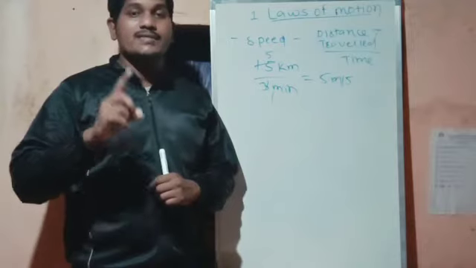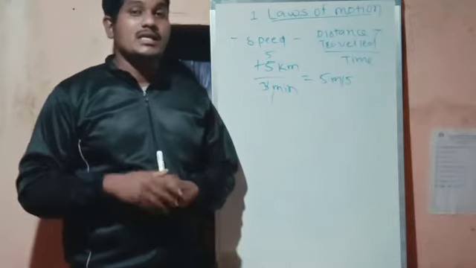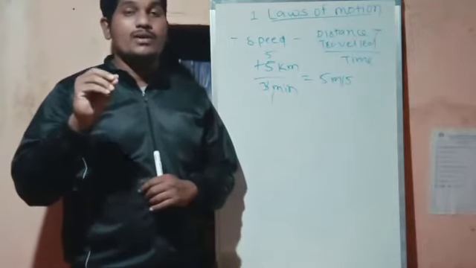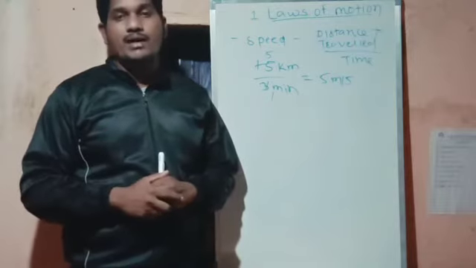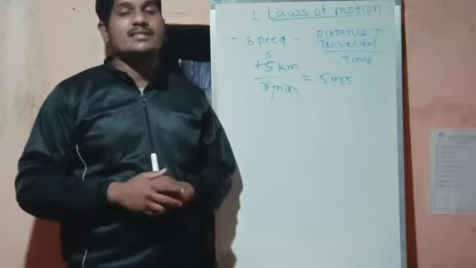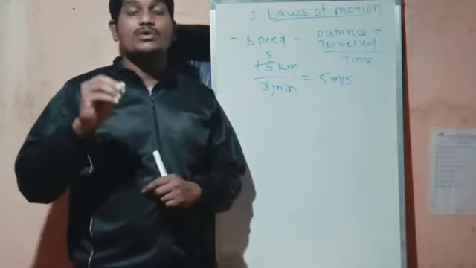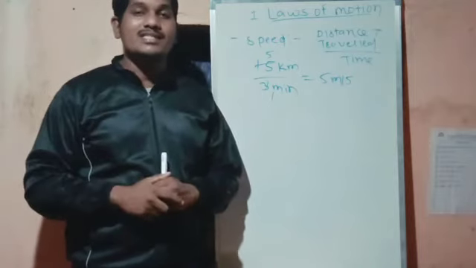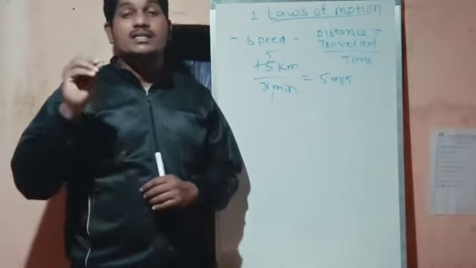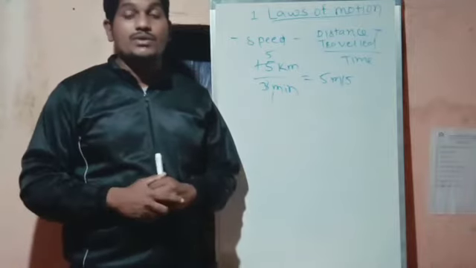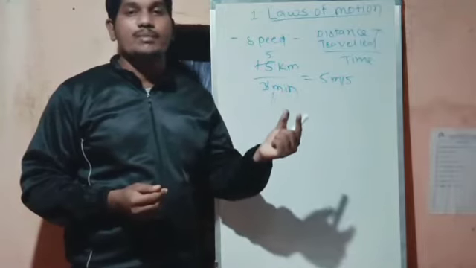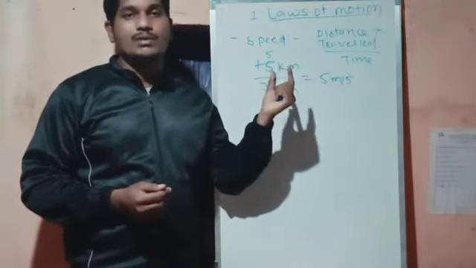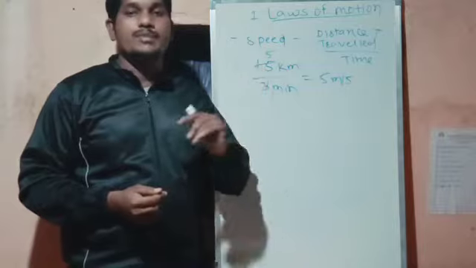Suppose it indicates 40, it means your speed at that time is 40 kilometer per hour. Suppose it indicates 60, it means your speed at that particular instant of time is 60 kilometer per hour. That is the simple example. So this is nothing but speed.